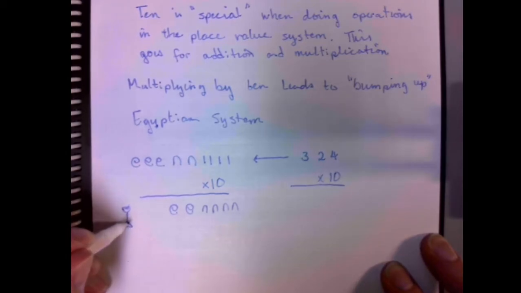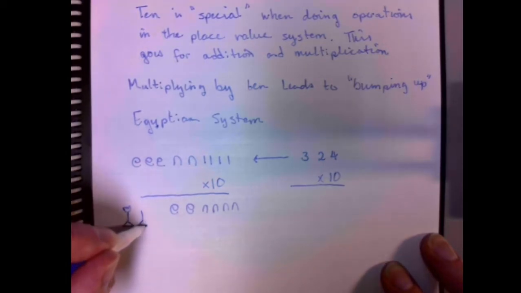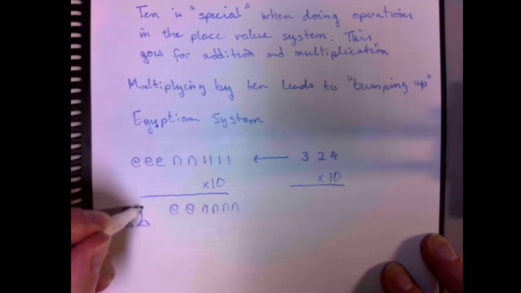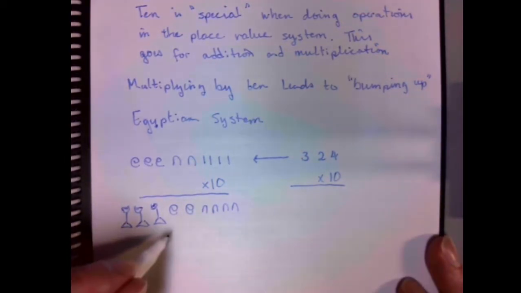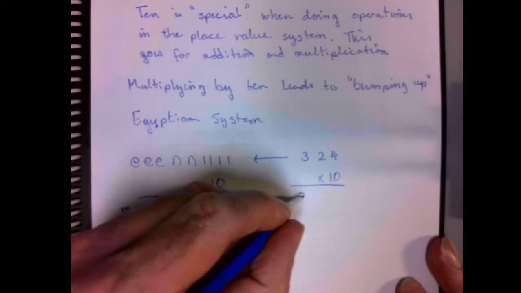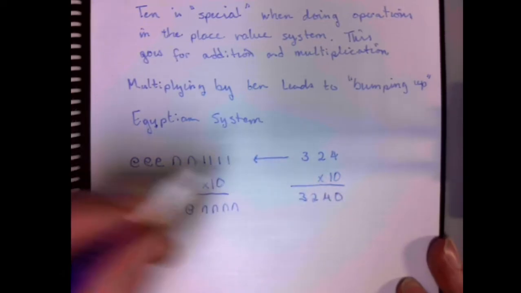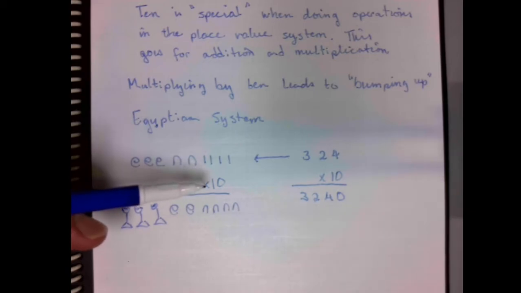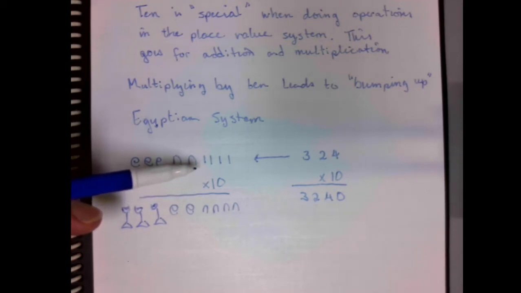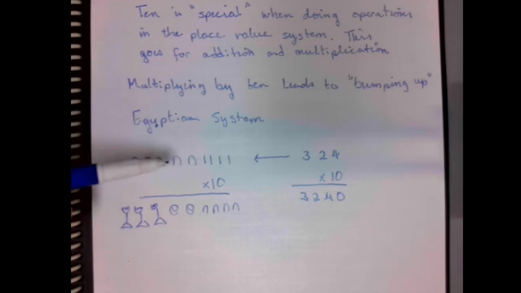And you remember that our symbol for the thousands in the Egyptian system was the lotus flower. So we have 3,240. In the Egyptian system, multiplying by 10 means every symbol gets bumped up to the next denomination.